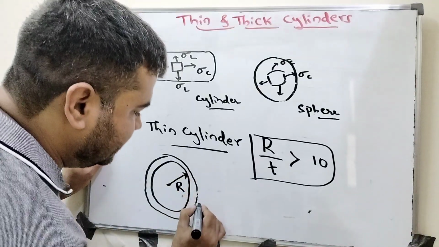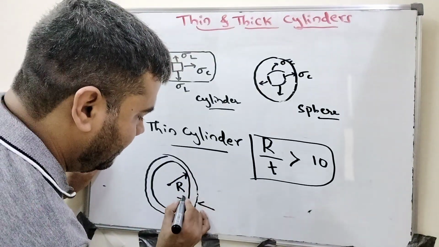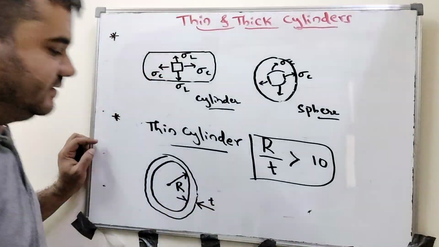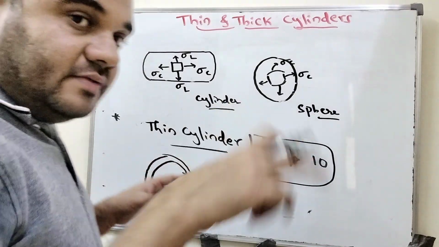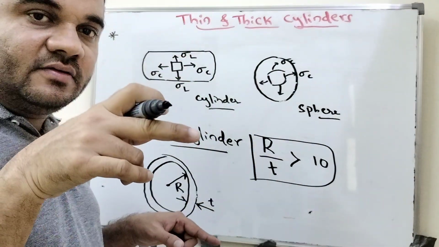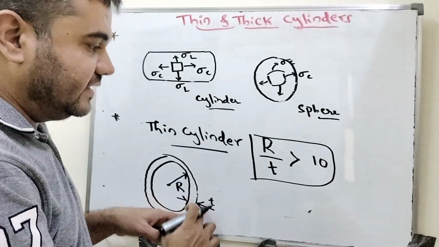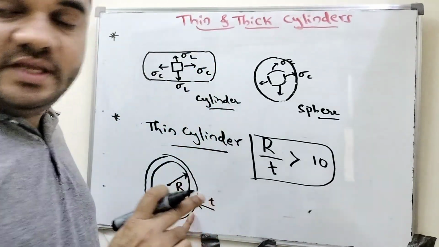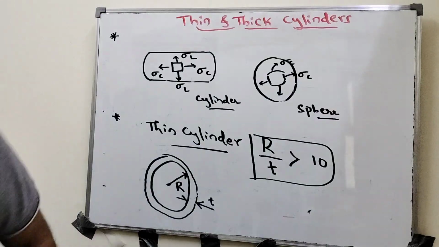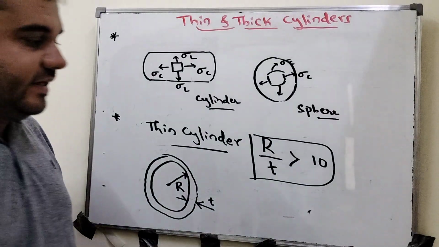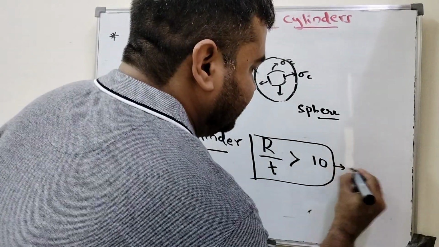And this is my thickness here. If the ratio of the inner radius of the cylinder to the thickness is greater than 10, then it is called a thin cylinder.